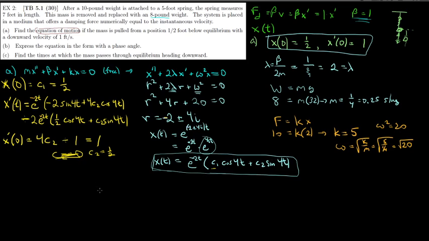So now I can finally write down the equation of motion. In other words, the displacement as a function of time. So this is going to be e to the negative 2t times 1/2 cosine of 4t plus 1/2 sine of 4t.